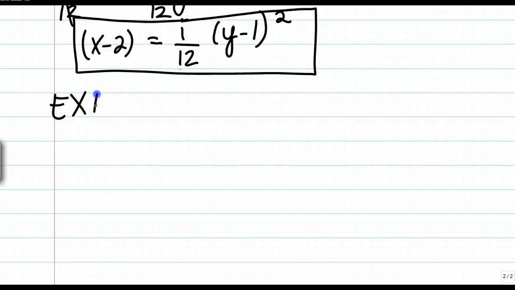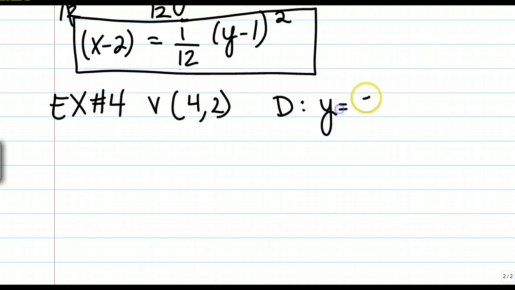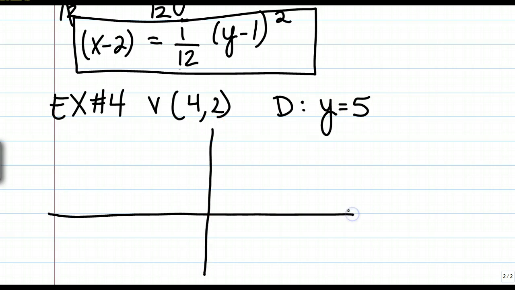Example number 4. I have a vertex of 4, 2, and a directrix of y equals 5. If I want to write an equation, I'm going to have to draw this out to see what it looks like to help me find the missing pieces.